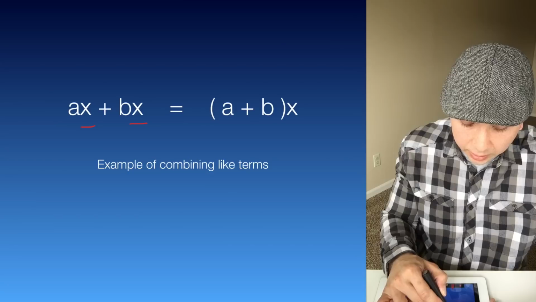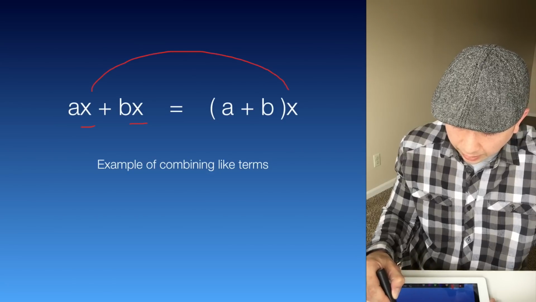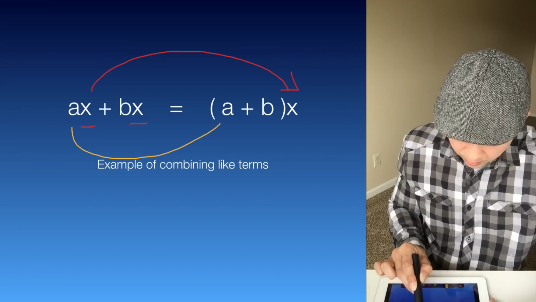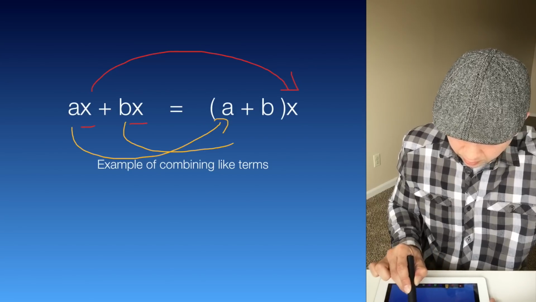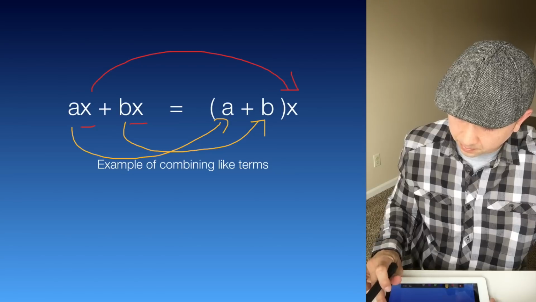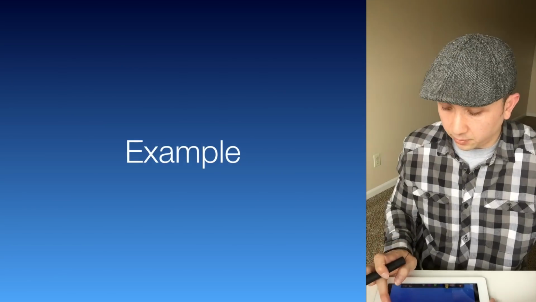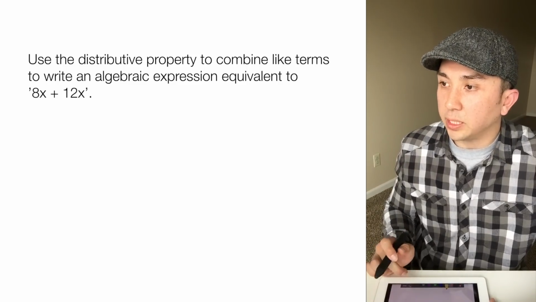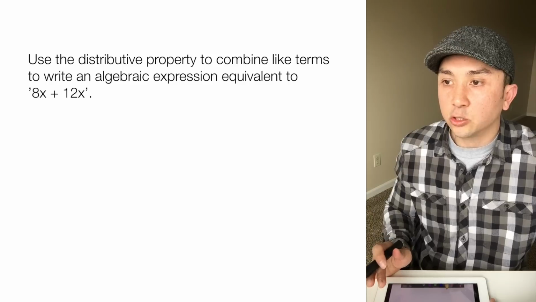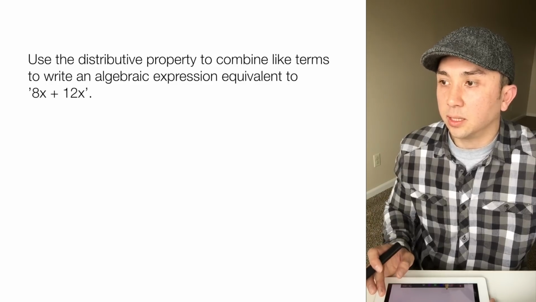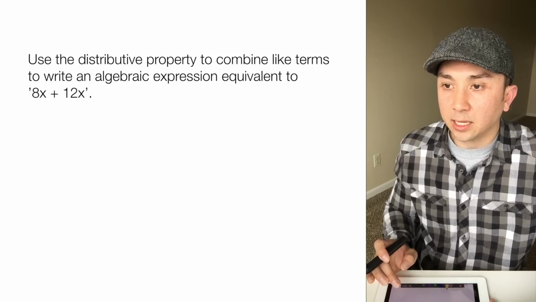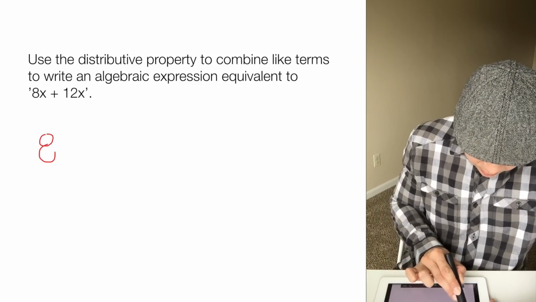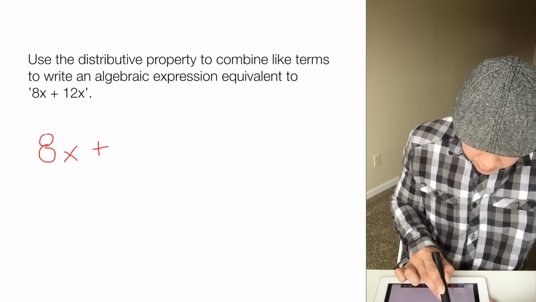So we can combine them into x and then just write a plus b. Let's do an example. Use the distributive property to combine like terms to write an algebraic expression equivalent to 8x plus 12x.